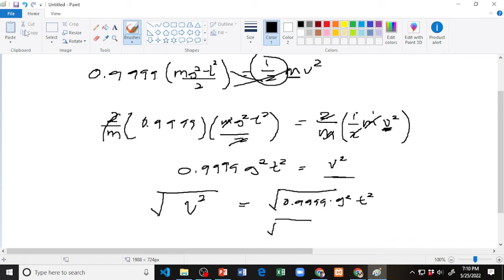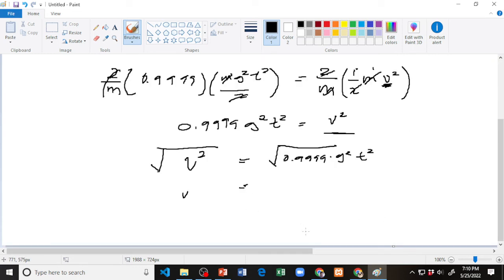You can actually try, to make it exact. So we'll write v, or the velocity now, is just equal to 0.99 g t.